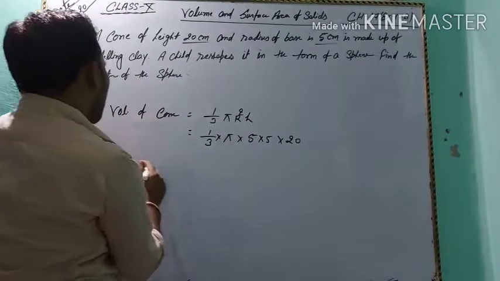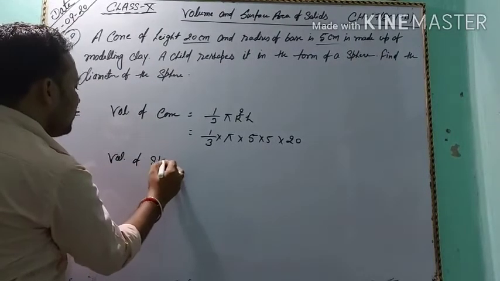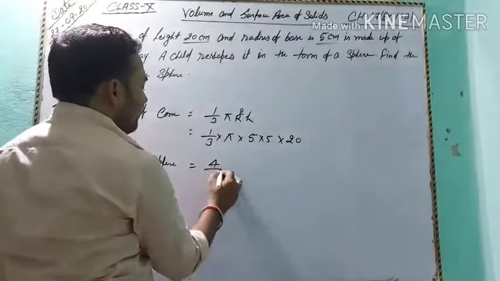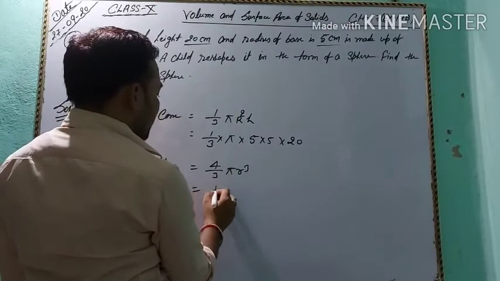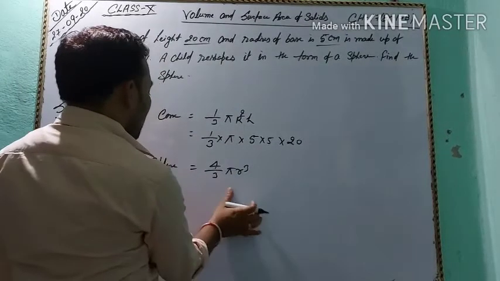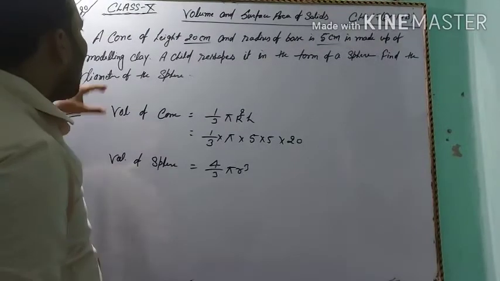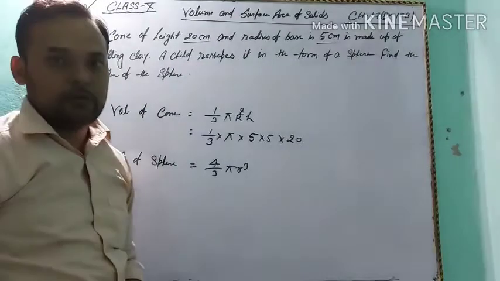And the volume of a sphere is equal to 4/3 pi r cube. According to the question, the volume of the cone is equal to the volume of the sphere.